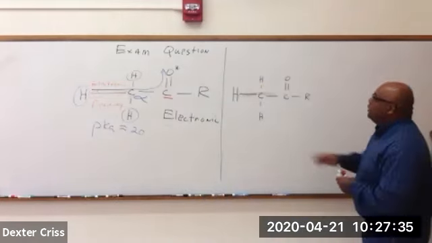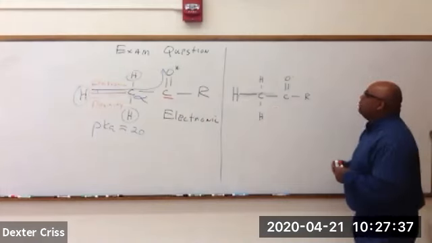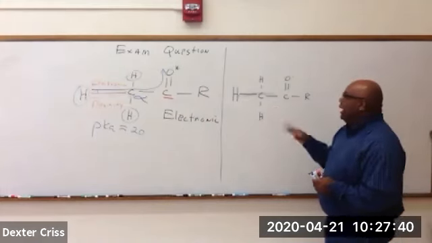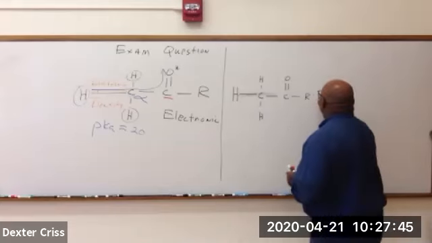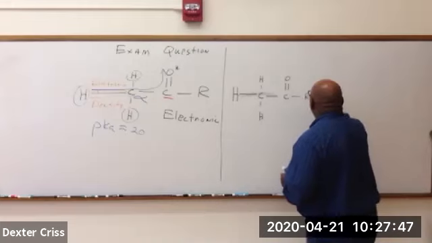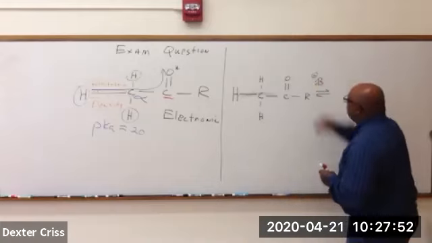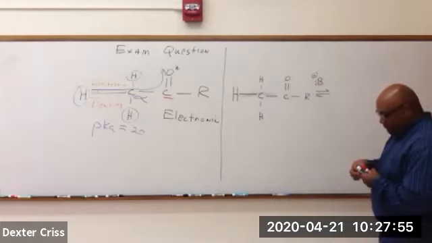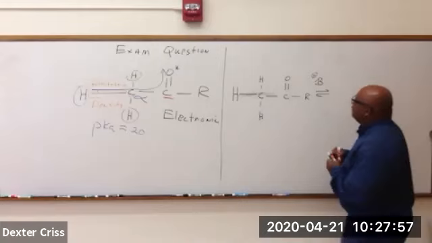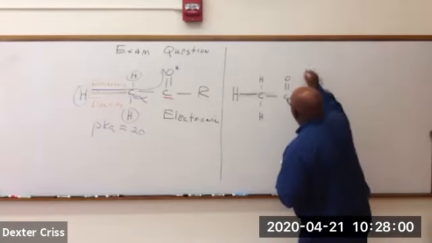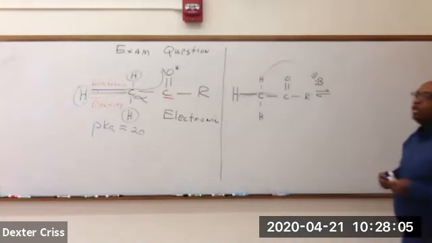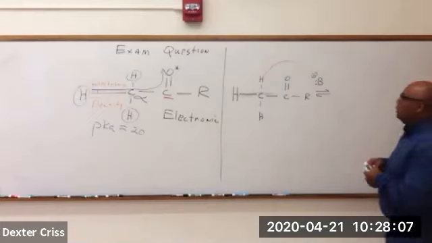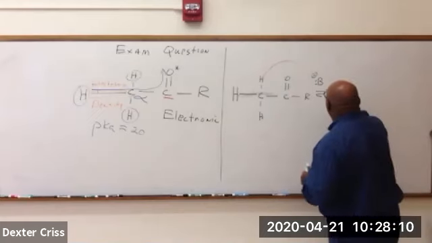Now, another reason why these hydrogens are so acidic is because of what happens after you pull the proton away. So if I go through the reaction and I use a base, some base, doesn't matter what it is, and the base comes in and removes this hydrogen, the proton. Now, I don't normally show it this way, but I'm going to show it this way for teaching purposes.